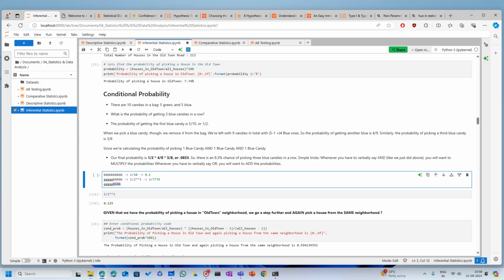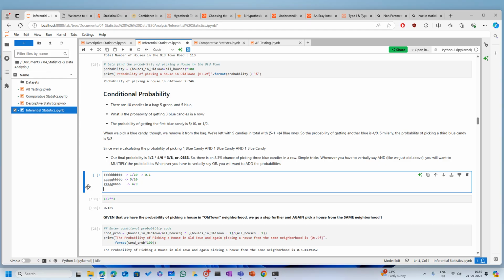So here the second time the probability would be 4 by 9. First time the probability would be 5 by 10, because there are 5 candies. Second time it would be 4 by 9. Third time would be 3 by 8.